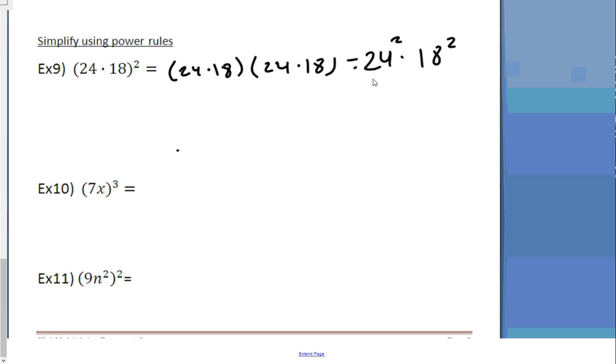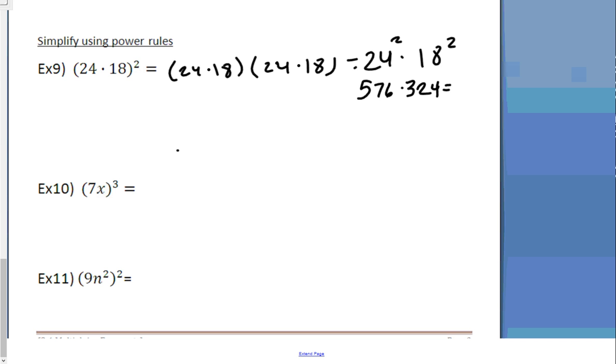All right, well, 24 squared is 576, and 18 squared is, what is that? Is 324. So then from there, I want to multiply 576 times 324.